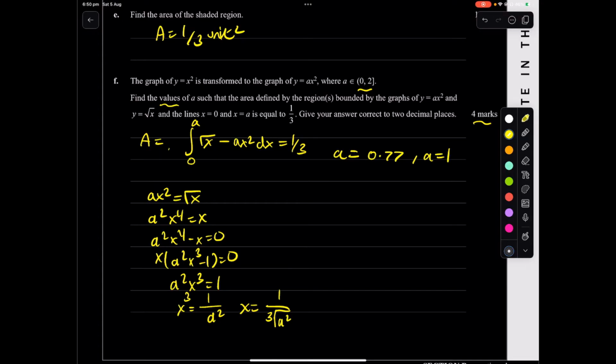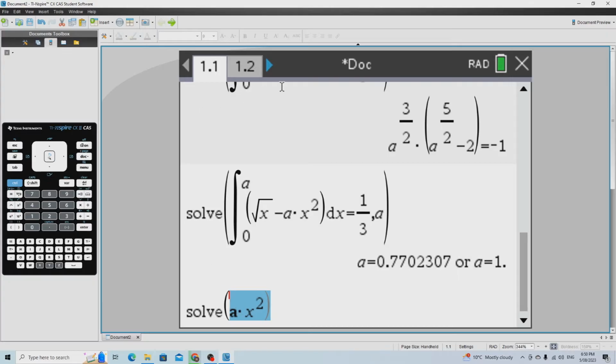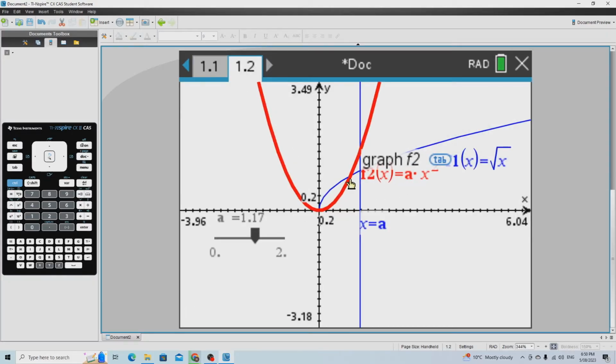So what can we say? If we look at the graph, another part of the area is from 0 to that point.